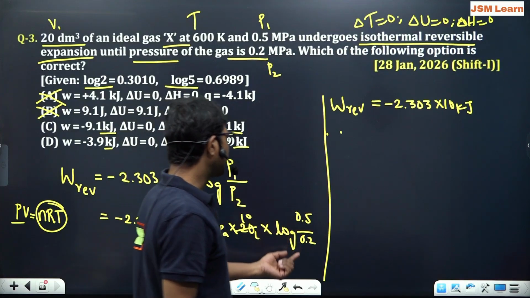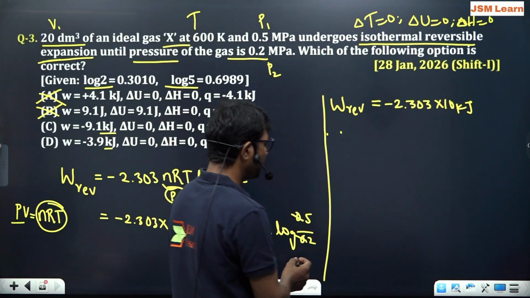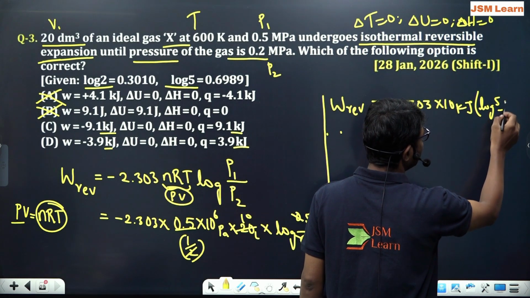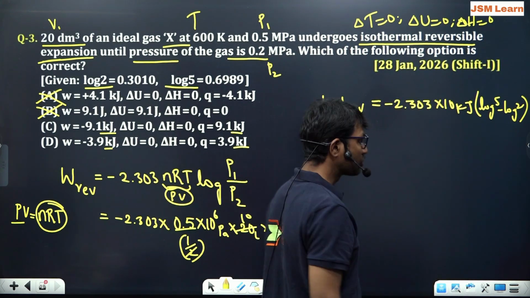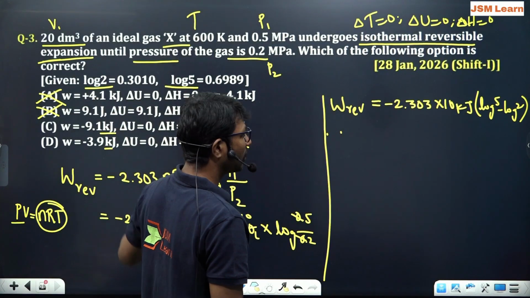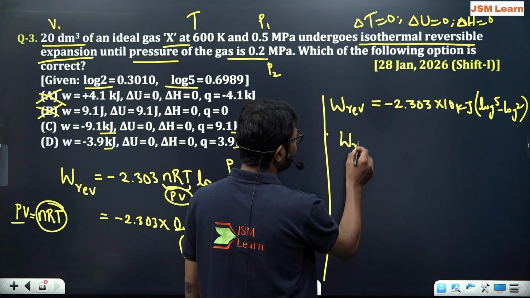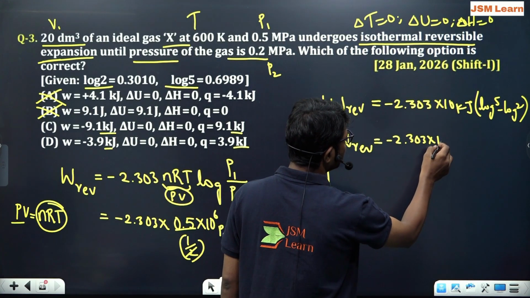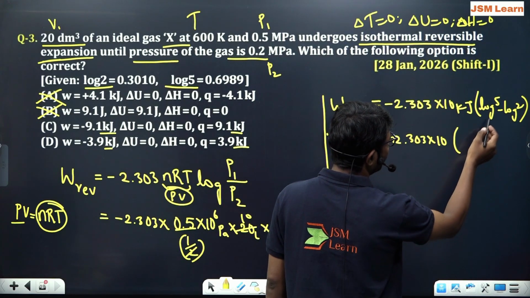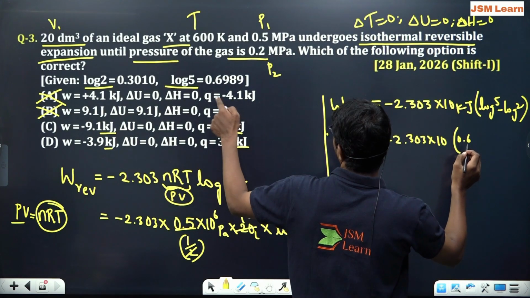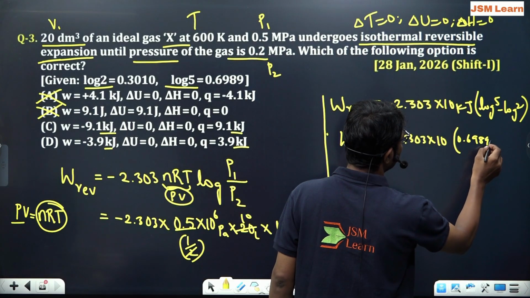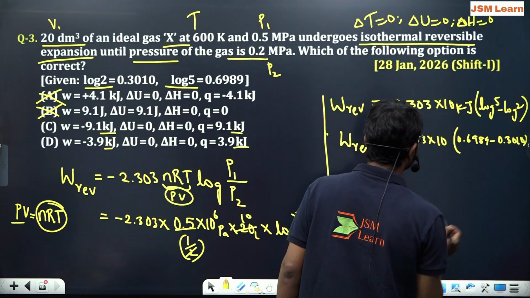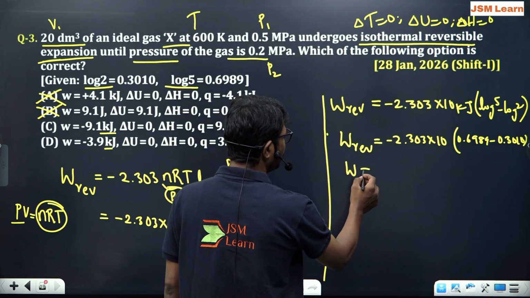Now log of 5 by 2, log A by B, we can write as log A minus log B. As they have provided log 5 and log 2 values, W reversible is equal to minus 2.303 multiplied by 10 times log 5 value, 0.6989, minus log 2 value, 0.3010.